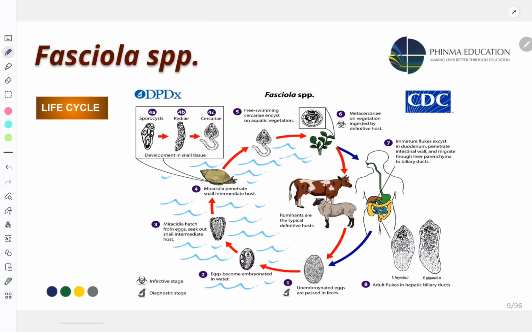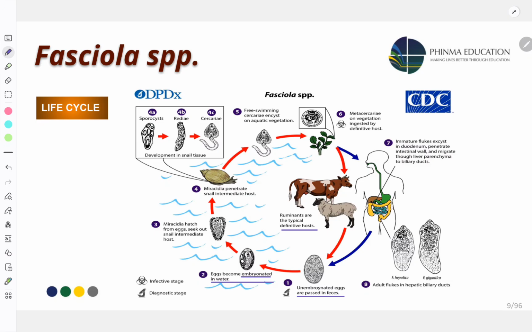Metacercariae. So the life cycle of your Fasciola species starts with the unembryonated eggs, either gikan sa iyahang primary host, your sheep and your cattle, or from humans. So the unembryonated egg is released from the stool, and then once it reaches your fresh water, it becomes embryonated.